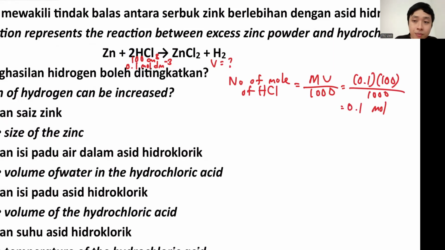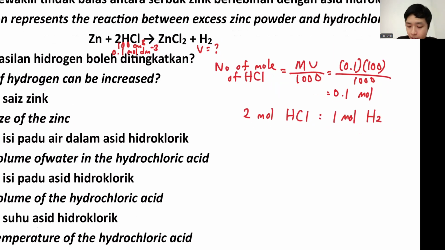Then you do the ratio, as simple as that. Get the ratio from the equation, which is 2 to 1: 2 mole of HCl to 1 mole of H2. And then if you have 0.1 mole, you divide by 2, you will get 0.05 mole.